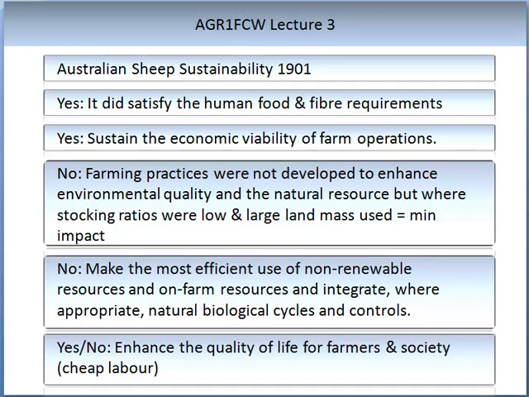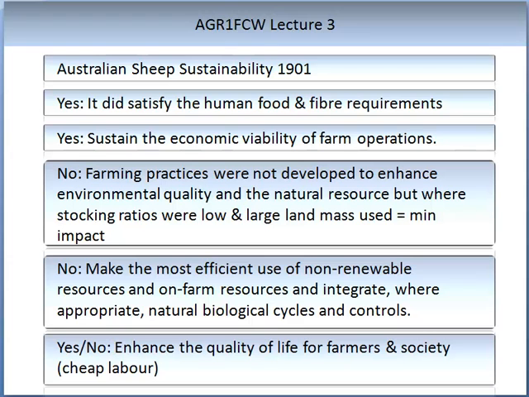So let us see how the industry was sustainable. Looking at the definitions that we are going to use in this lecture, the industry did satisfy human food and fibre needs, both in fact. And yes, the industry did sustain the economic viability of farm operations at that time. There was a balance.